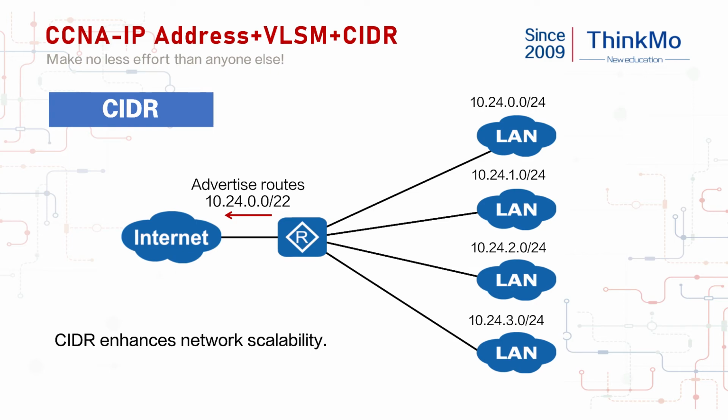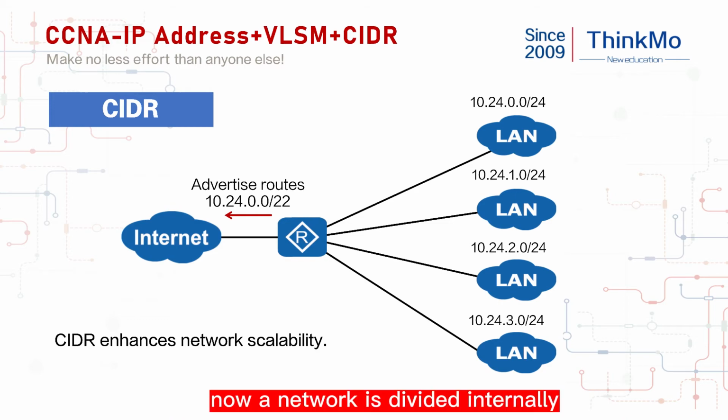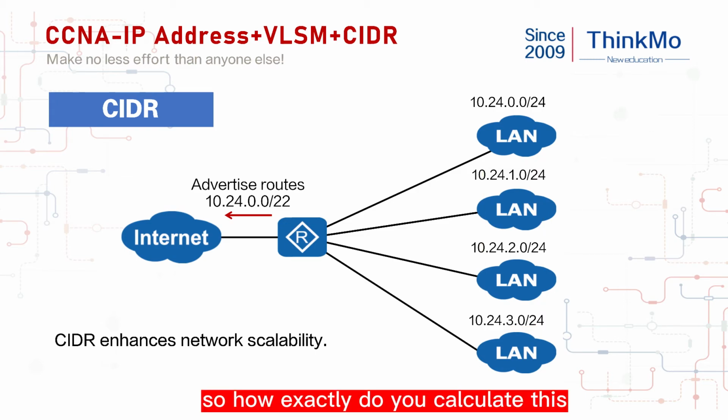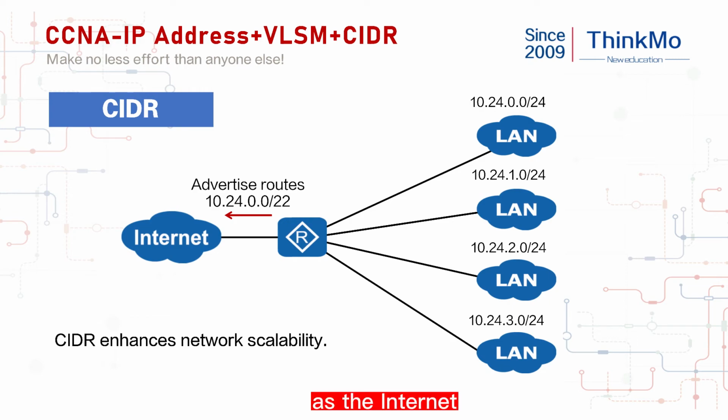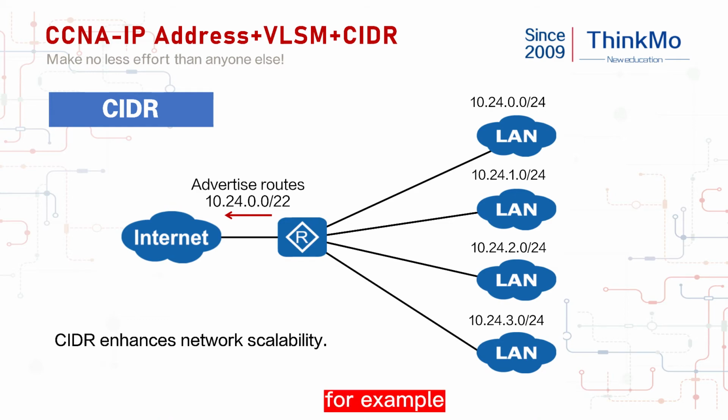Because now, in terms of some technologies of IP addresses, a network is divided internally: 1.0, 2.0, 3.0. We can make a division. So how exactly do you calculate this? Let me tell you briefly. As the internet, there will be a lot of users connecting with it. For example, this is your company.